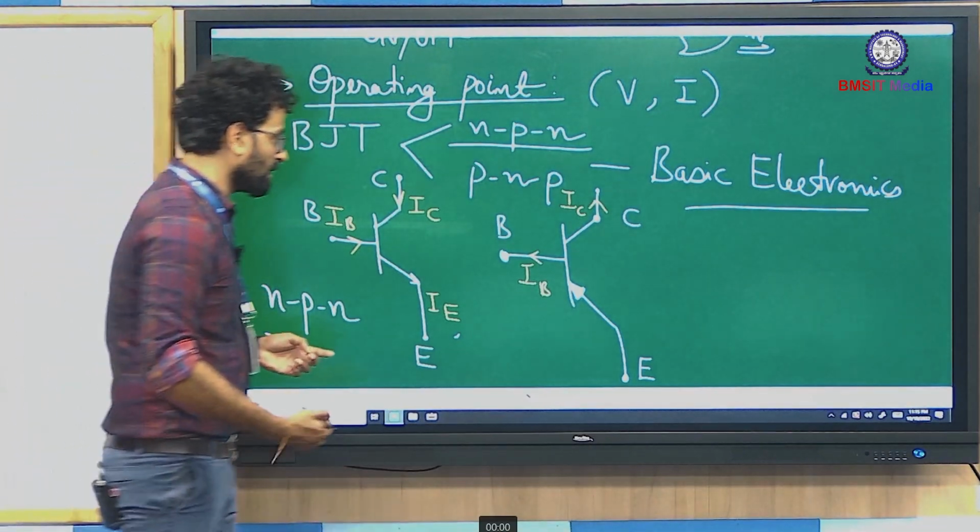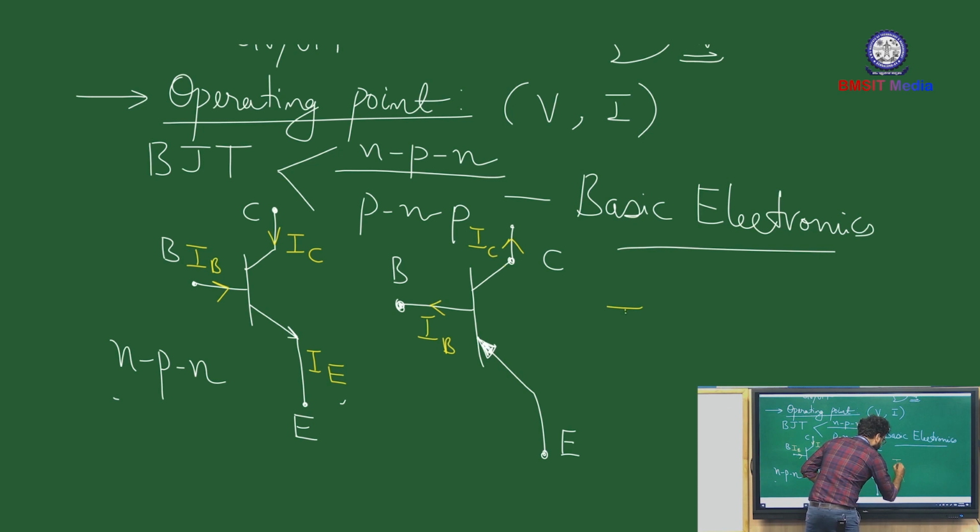The aim is to satisfy this current equation of the transistor. That emitter current, IE, is basically equal to base current plus collector current.